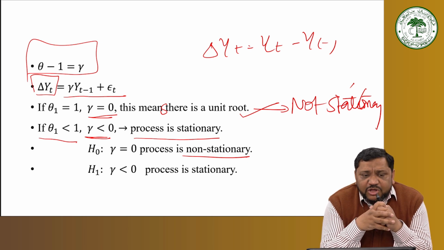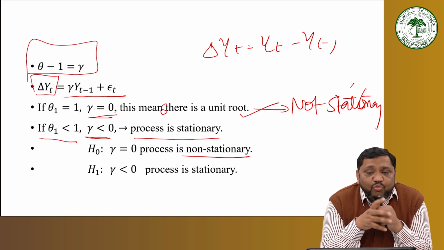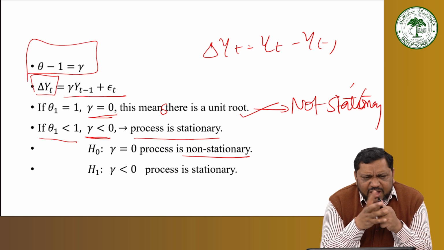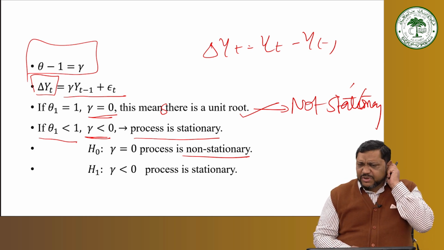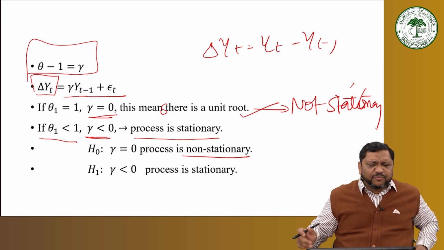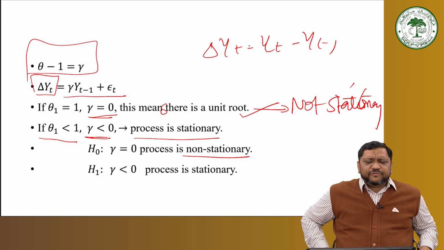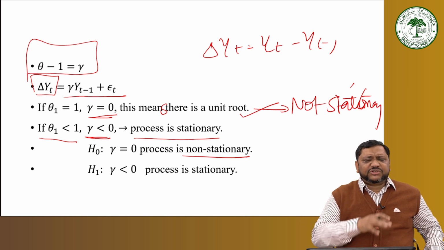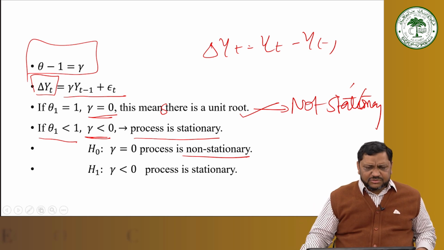Moreover, since the alternate hypothesis has a less than sign, this indicates this is a one-tailed test. It's not a two-tailed test. And in this case, since there is no mean parameter, this is related to a process with zero mean. So for a stationary process which is stationary around a mean which is not 0.